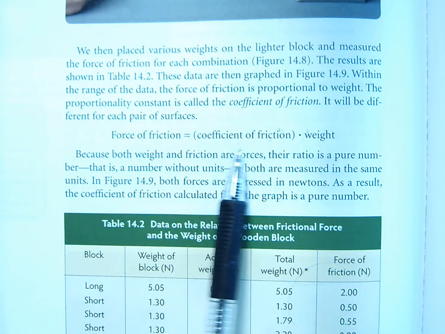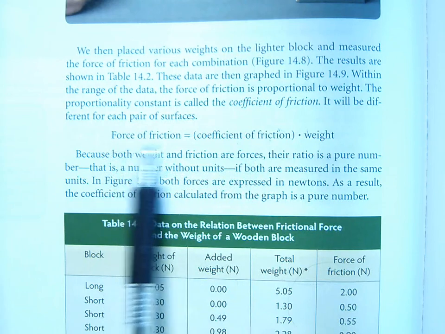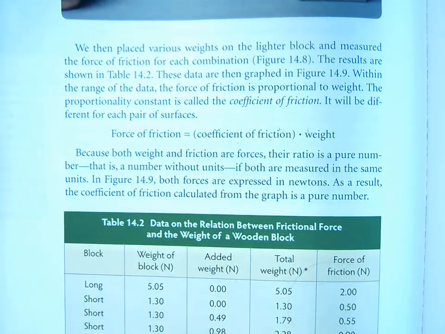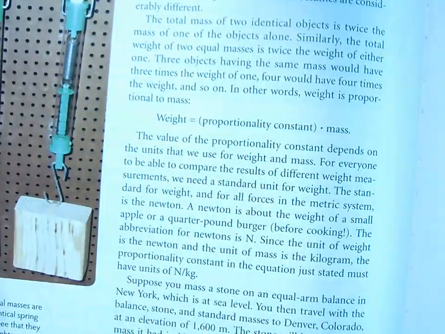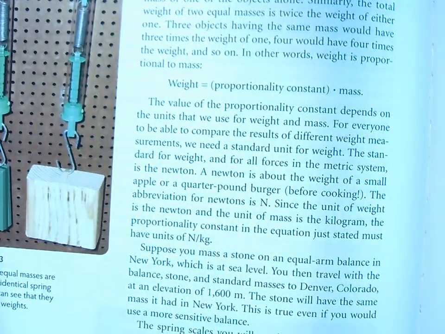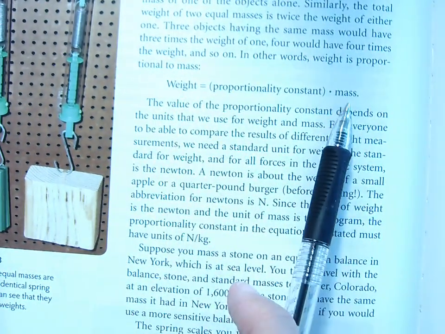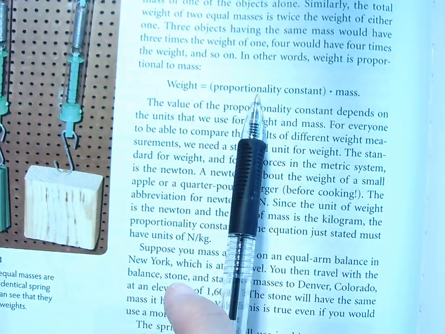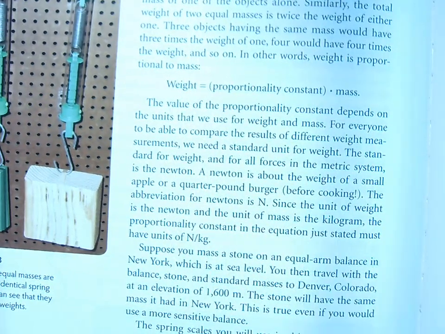Now, when I was going over this with my students, the thing that they found to be confusing: we've got this thing called the coefficient of friction, and that comes into play when we're talking about the force of friction. When I was reviewing this chapter with my kids, I noticed that if we go back over here to, let's find it here, when we talk about weight. If you go back to the beginning of this chapter and we look here at how weight and mass were related to each other, and they discussed this whole proportionality constant.